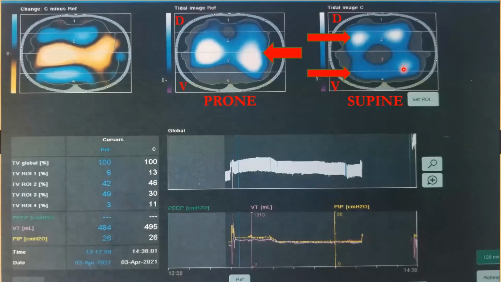Remember here, the air is kind of trapped, shown by the white intensity. Once we turned the patient, the intensity is lost here because it was redistributed up here. So this orange represents the loss of distribution here because of the redistribution to the ventral and dorsal area.